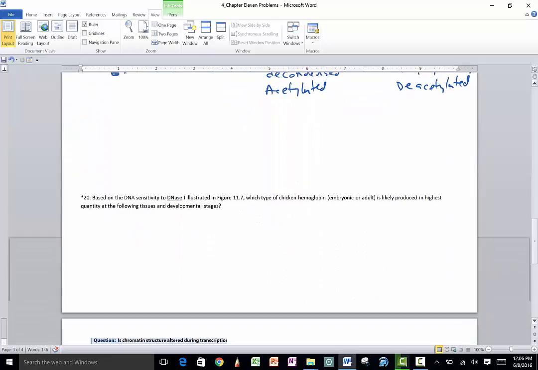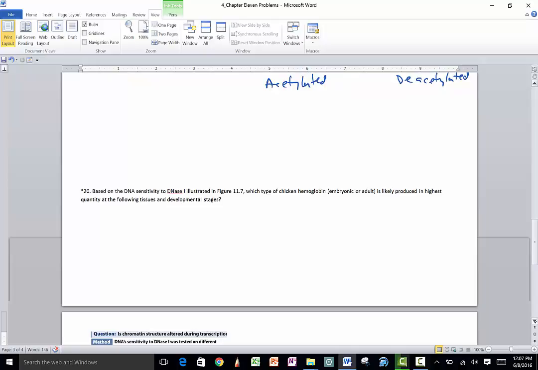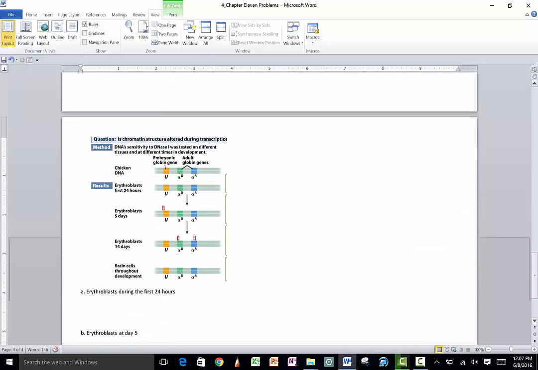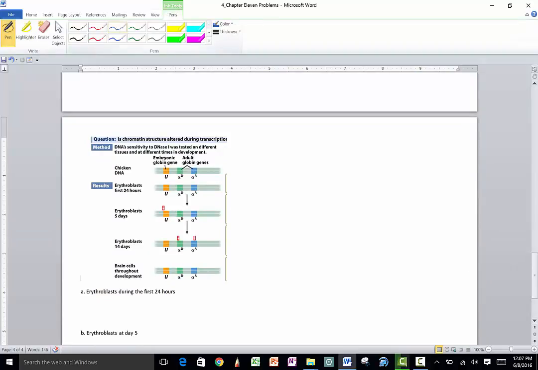Based on the DNA sensitivity to DNase 1 illustrated in figure 11.7, which type of chicken hemoglobin is likely produced in highest quantity at the following tissues and developmental stages? Even though it might look a little bit complicated, the key is that these arrows stand for DNA hypersensitive sites.